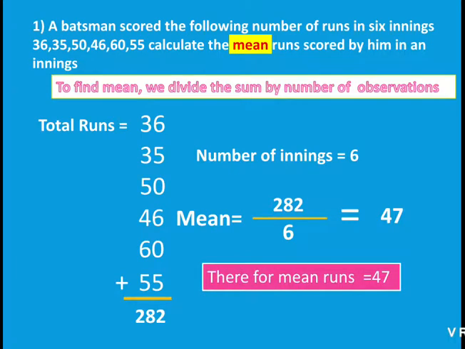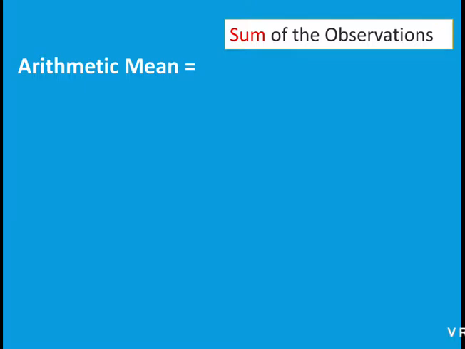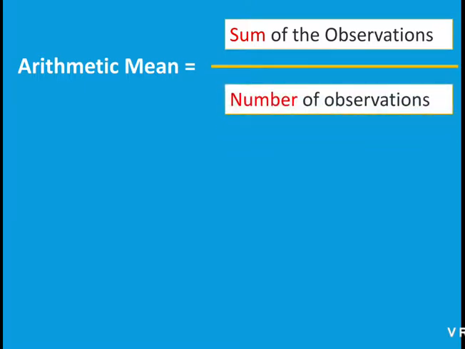Therefore, mean runs equal to 47. So one equation is there. Arithmetic mean equal to sum of the observations by number of observations. This is the equation we use for finding arithmetic mean or average. First find the sum, then divide the sum by number of observations.